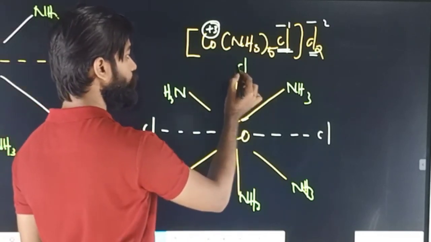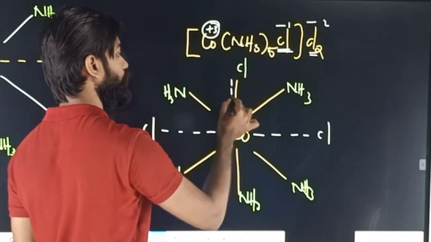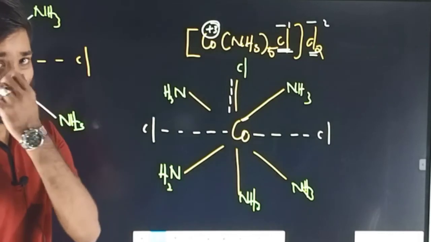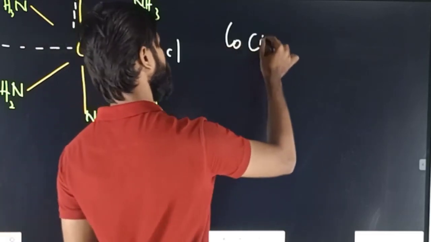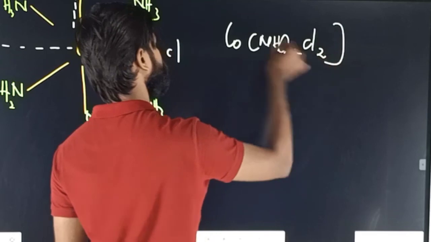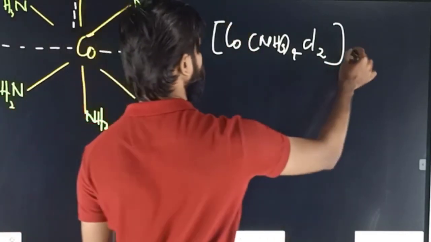And this is something which can satisfy both secondary and primary, so they are represented using both dark as well as dotted line. And the next is Co(NH3)4Cl2 with outside Cl.